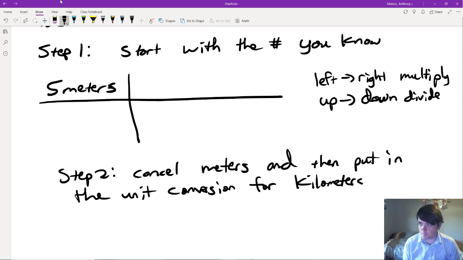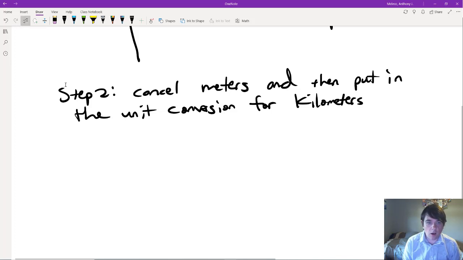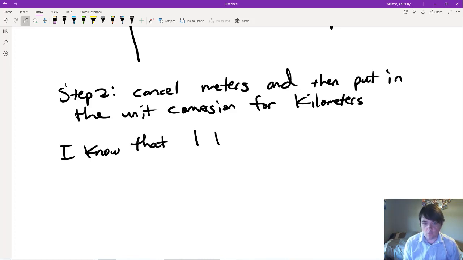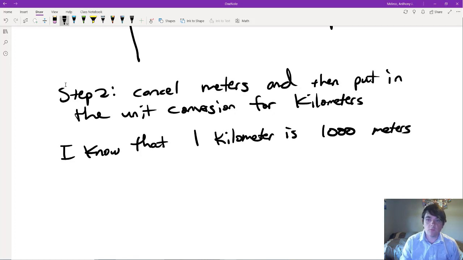Okay, so I know or have memorized or have looked up that 1 kilometer is 1,000 meters.